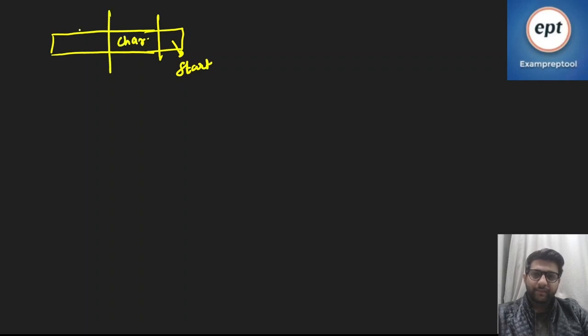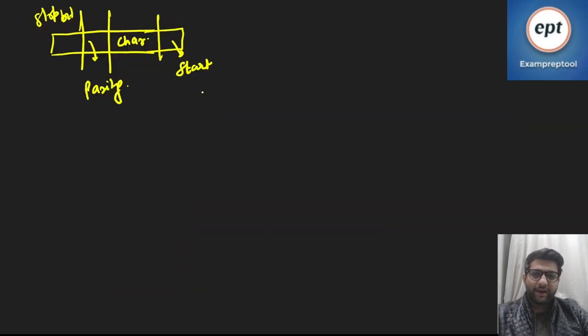So every character here is being transferred like this: first there will be a start bit, then a character, then the stop bit, which will be in the last, and also a parity bit.